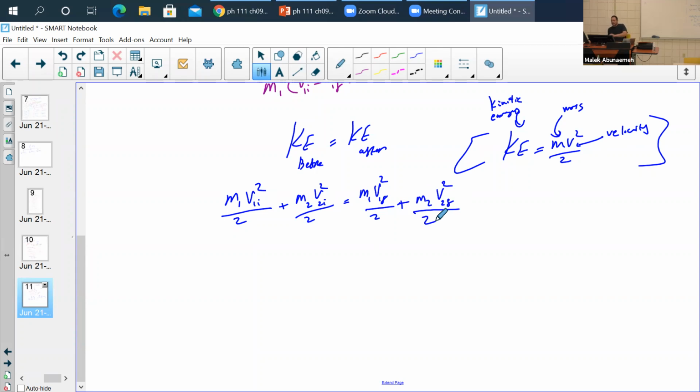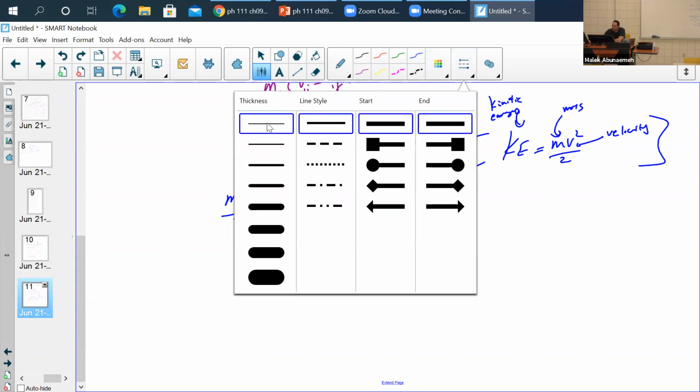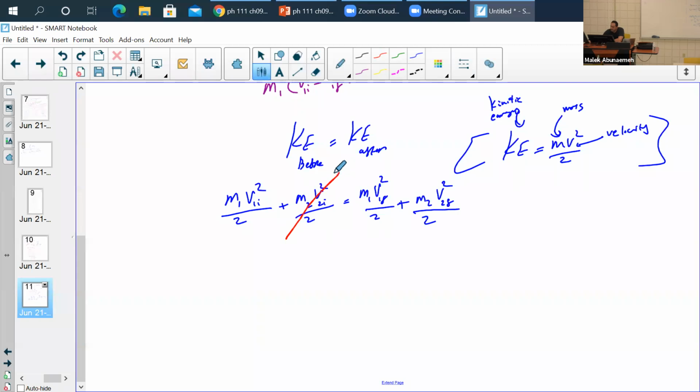Then again, we said the initial speed for the one that's staying at rest is going to be 0.